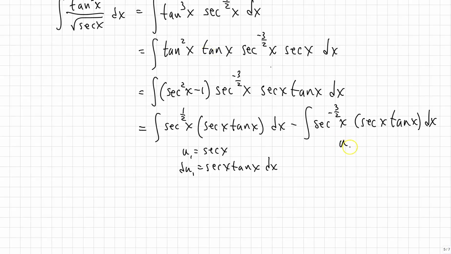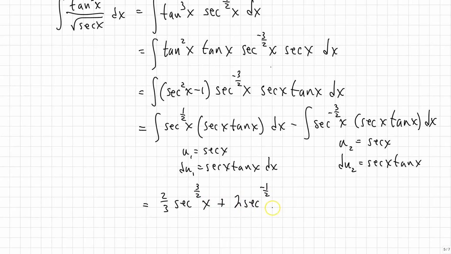And then we can do a similar u substitution for the other integral. So now, using our u substitution, we end up with 2/3 secant to the 3/2 x plus 2 secant to the negative 1/2 x plus a constant.